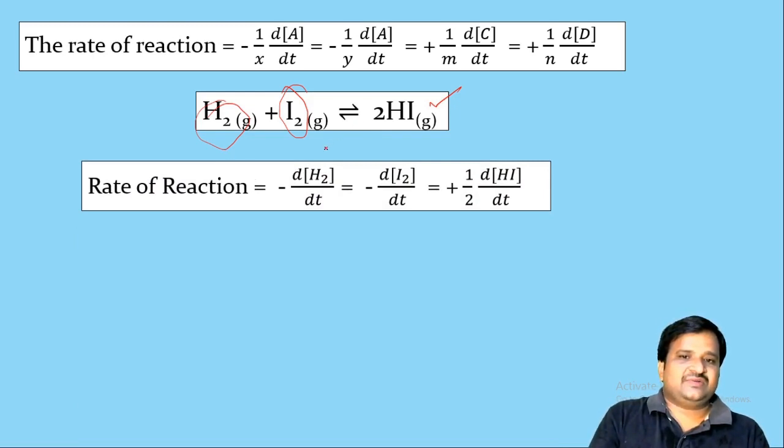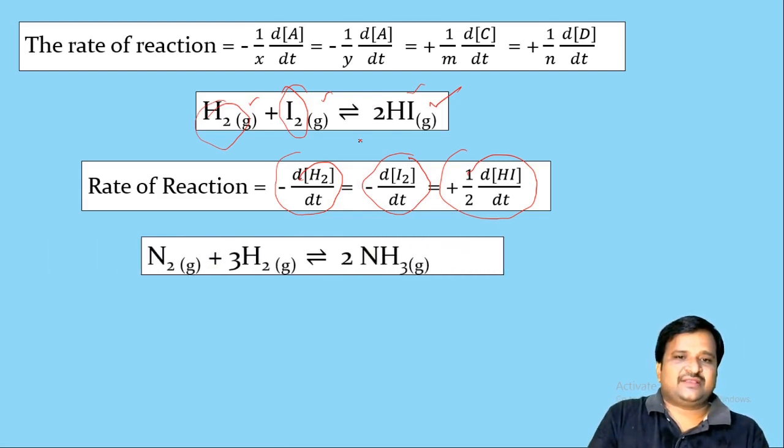With respect to hydrogen, for 1 mole, it is -dH2/dt. For 1 mole of iodine, it is also -dI2/dt. For 2 moles of HI, it is +1/2 dHI/dt. So the rate of reaction is equal with respect to hydrogen, iodine and HI. With respect to reactants or products, the rate of reaction is the same.